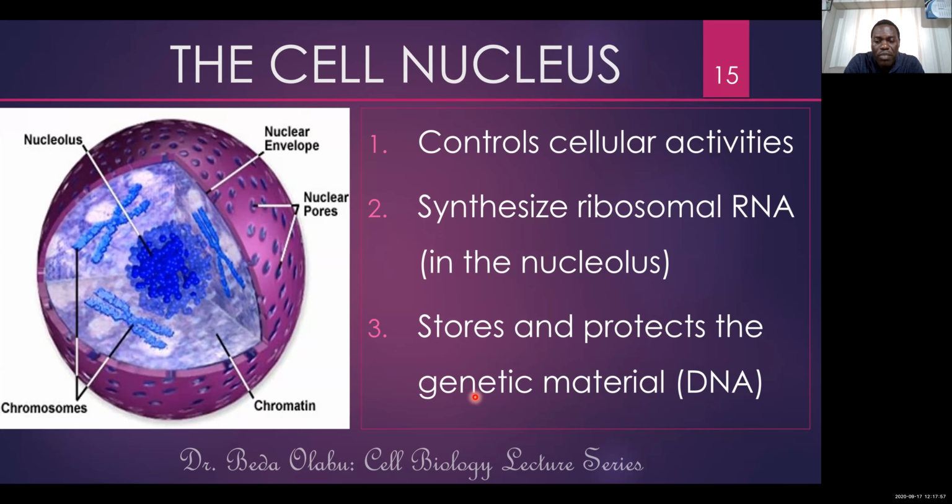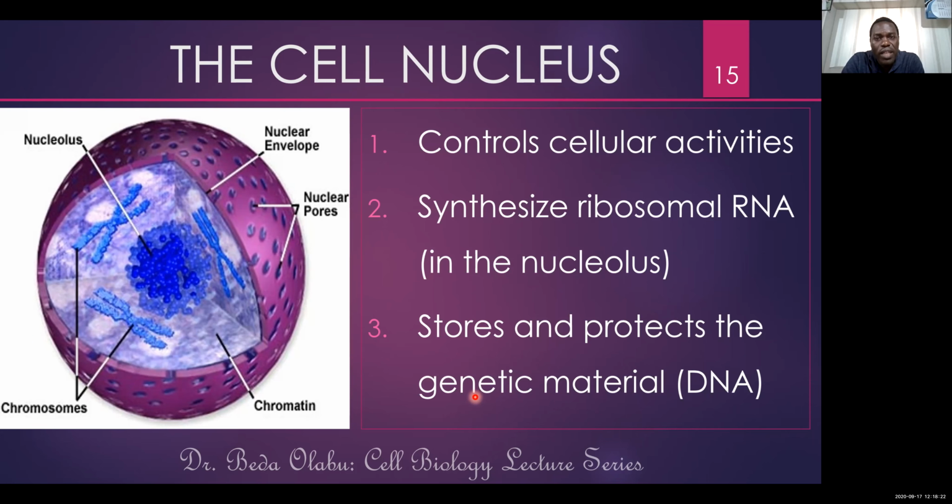Some genetic material of the cell is actually within the mitochondria. So mitochondria usually have their own DNA, mitochondrial DNA. But the nuclear DNA is the major genetic material. The nucleus protects and stores genetic material.